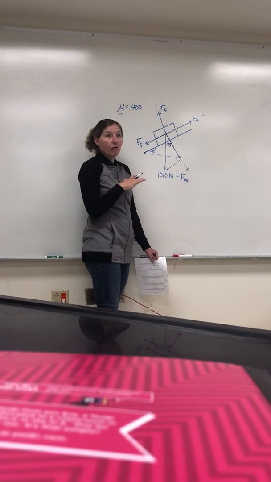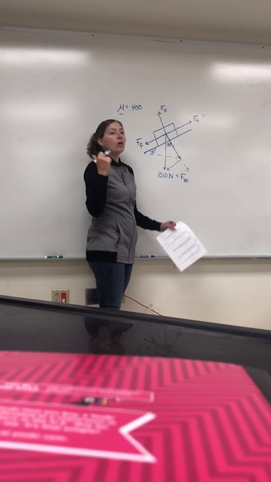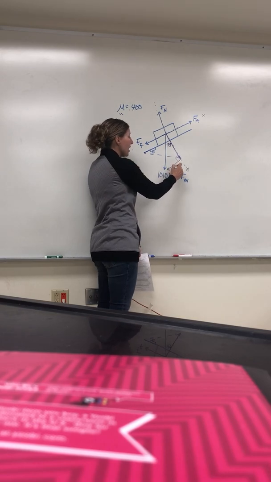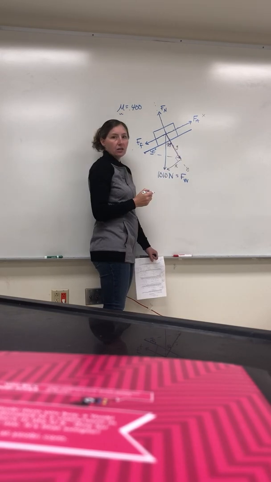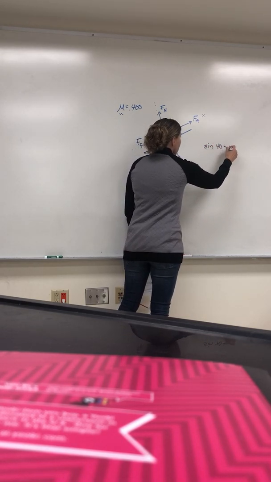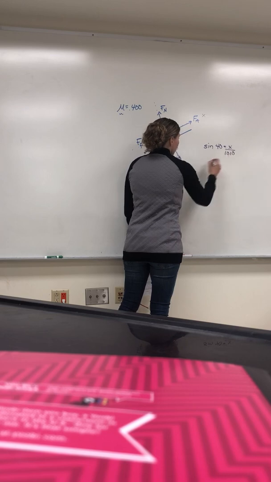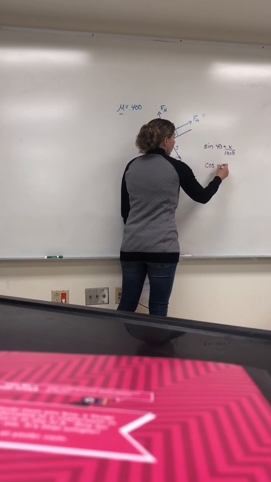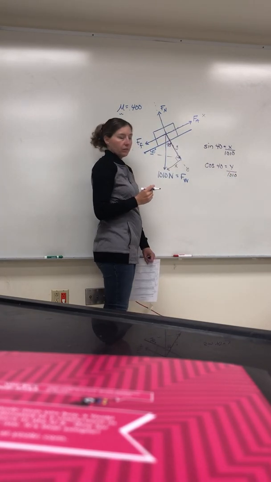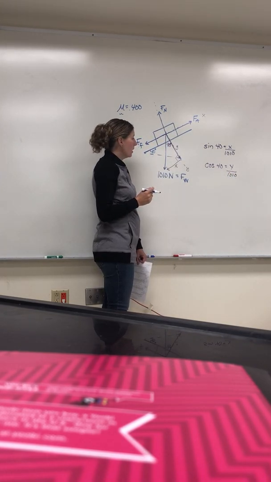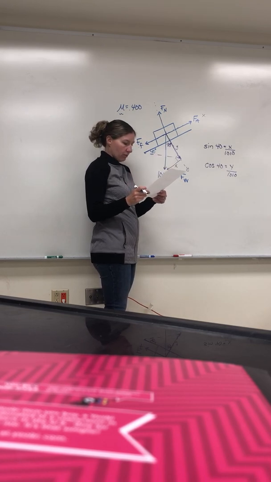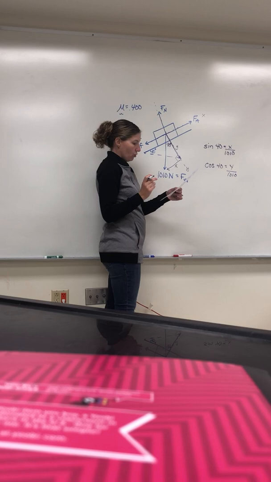Now, in a problem, if you're ever lost and you don't know what to do, if you are given an angle and a hypotenuse, the least you can do is find the X and the Y, or the two sides. So sine of 40 is the X. Cosine of 40 is the Y. Okay, you plug those into your calculator, and I will just give you the numbers so that we can move forward.